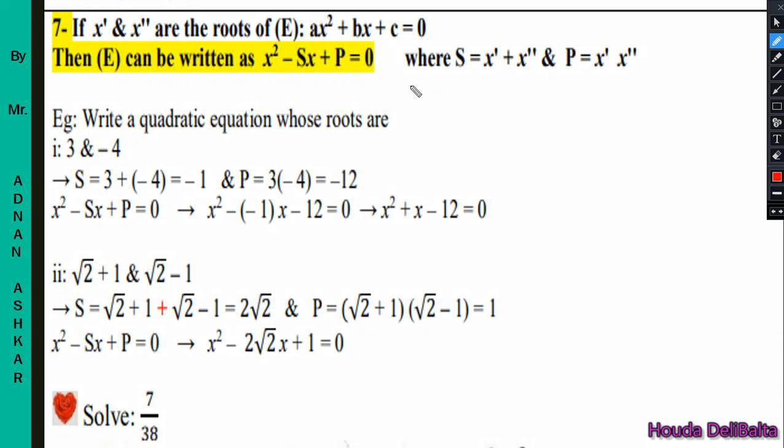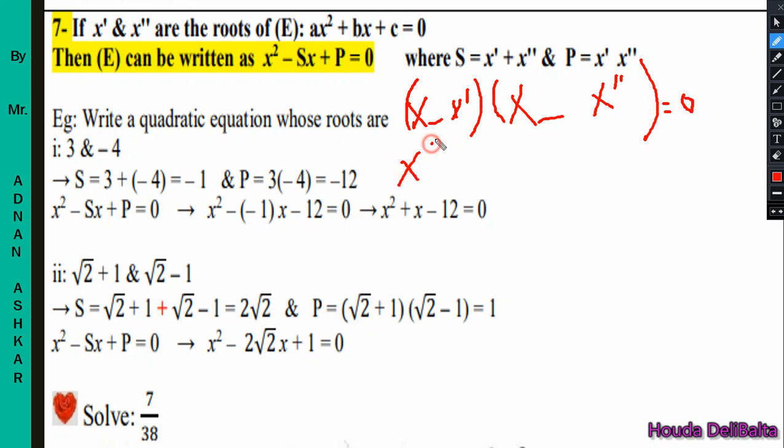Let's make the proof. Where did this come from? If x prime and x double prime are roots, then x minus x prime and x minus x double prime are factors. Okay? Their product equals 0. Now let's expand.